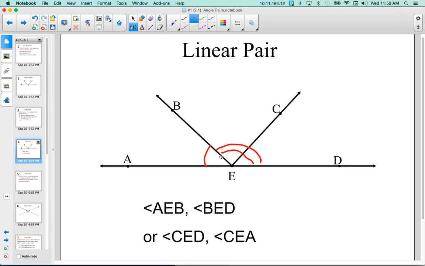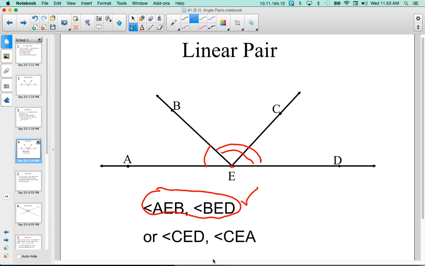Well, they're adjacent angles: they share the vertex, share a side, and don't have any shared points. Now, are the two sides that aren't the same opposite rays? They are, because they start at E, one goes this direction and the other goes this direction, and they make a straight line. So that one checks both of those boxes, and they work out for a linear pair.